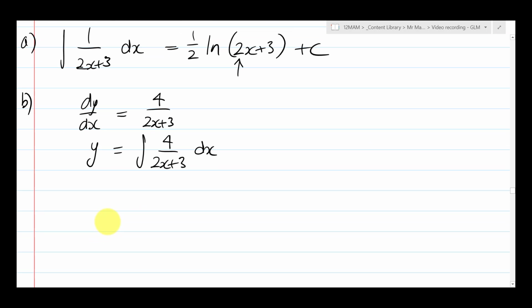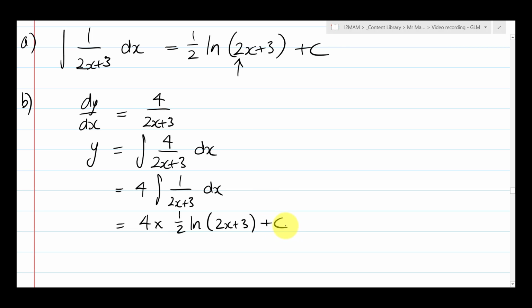And I can actually write this down now. I can take that k value, the constant, out the front: 4 times the integral of 1 over 2x plus 3 with respect to x. And we've already done this calculation. It's 4 times a half natural log 2x plus 3 plus c. And so this becomes 2 natural log 2x plus 3 plus c.